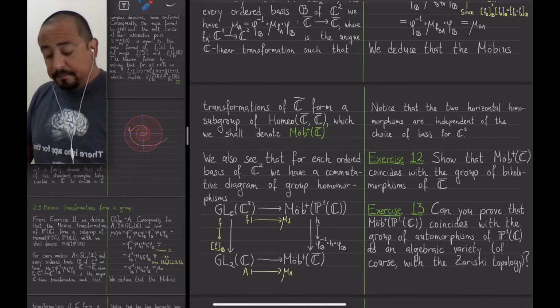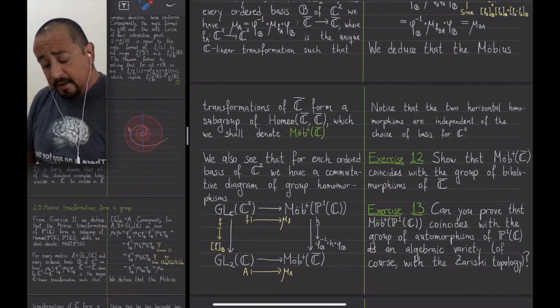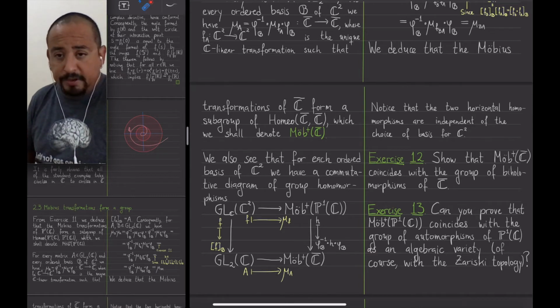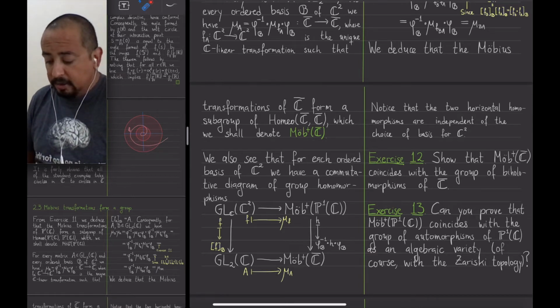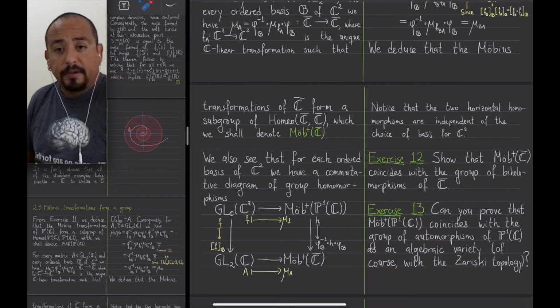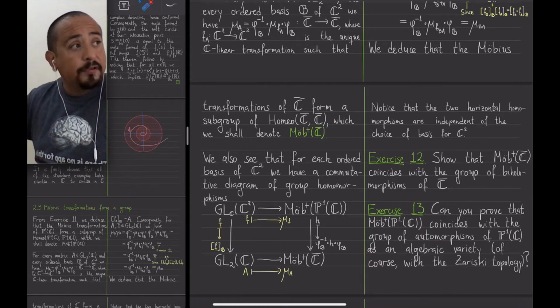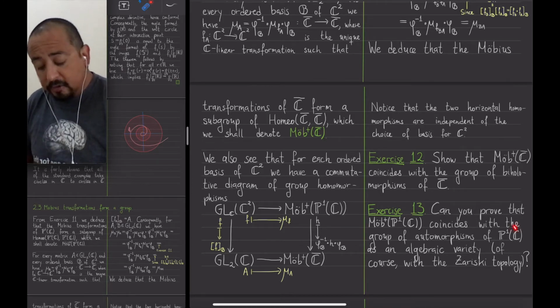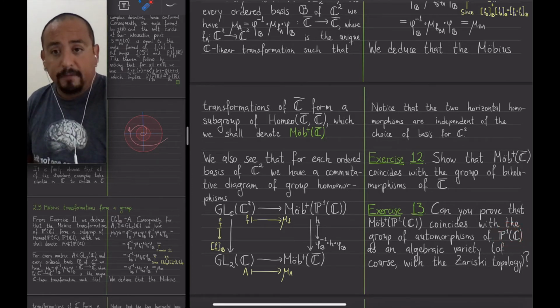Okay, and then the next question is this. P1C, we know that it has the analytic topology with which we choose to work during this course, but it also has some other topology, namely the Zariski topology, or actually it has the structure of a projective algebraic variety.